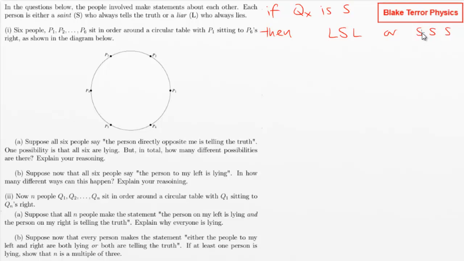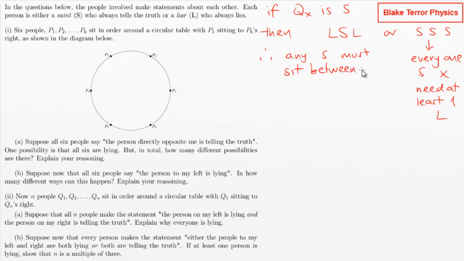Well, if you've got all S's, this is just going to be everyone is an S, which we're not allowed because we need at least one L. So we can rule that out. So if we've got someone who is an S, then any S must sit between two L's. Okay, so that's a start.